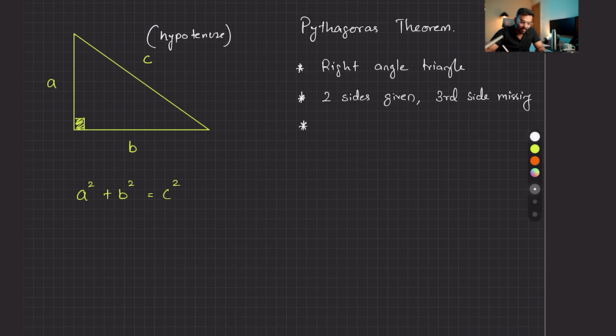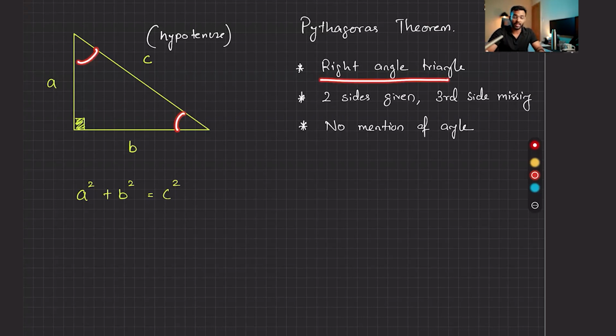Number three, no mention of angle. What that means is that you see this angle here or this angle, and they have not given any information about it. That's when you will use Pythagoras, only on a right triangle.